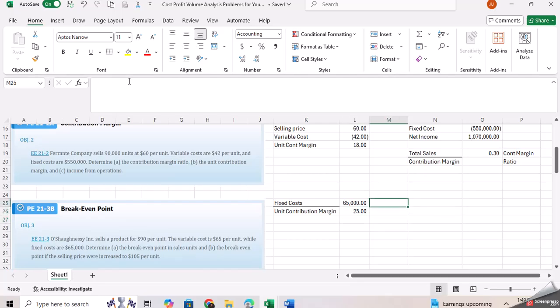And then now we'll divide those two. So if we take the 65,000 divided by that $25 unit contribution margin, our break-even point is 2,600 units.